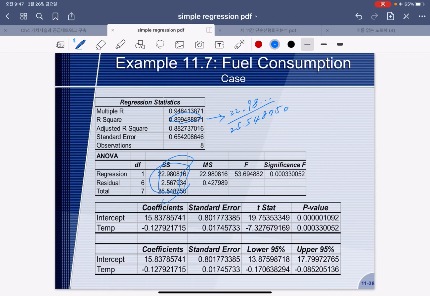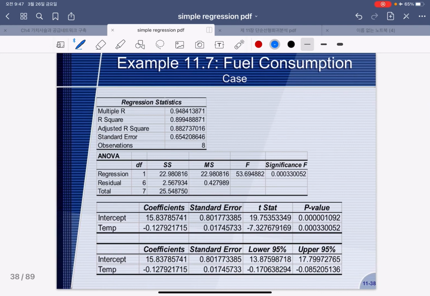And 22.98 is called explained variation, and this one, 2.56, is called unexplained variation, and 25.54 is called the total variation. Let's look at how we got these numbers.